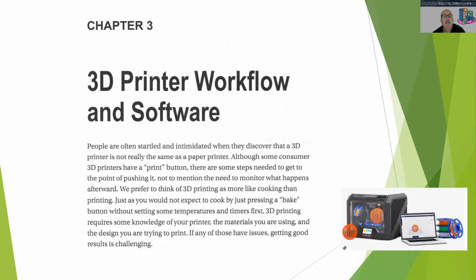When we talk about the workflow in the software, and we look at what the author is talking about here, we're not able to just print like on a paper printer. He likens it to following a recipe for cooking or baking a cake. Because when you print using the Dremel software, you have to have a number of settings for the part to come out correctly.